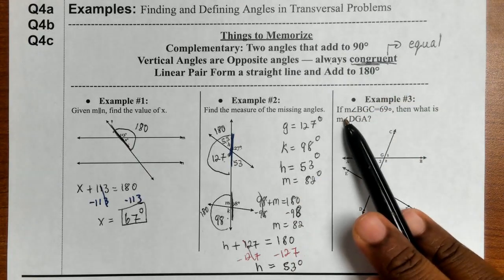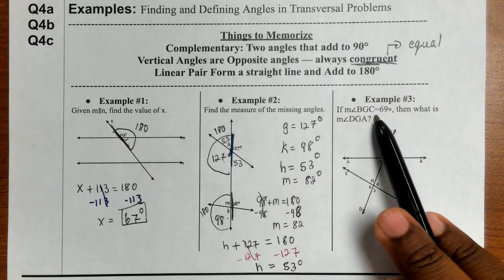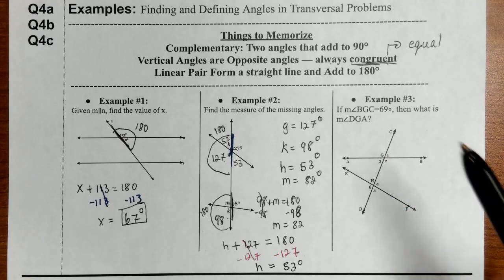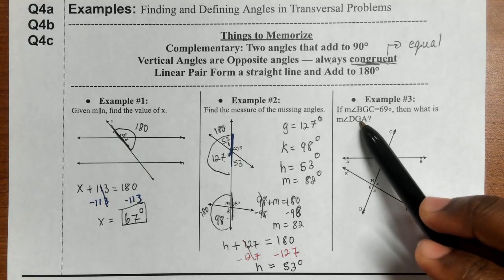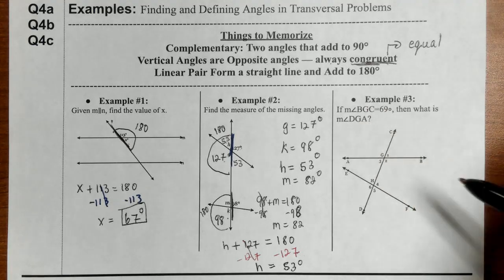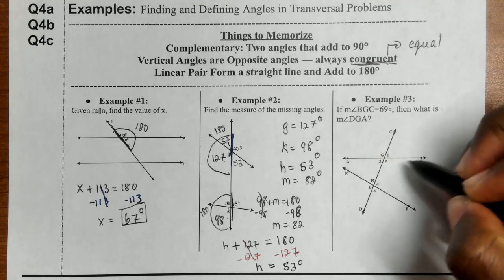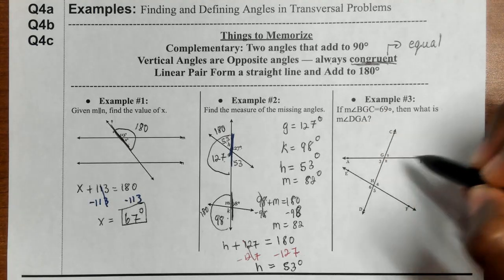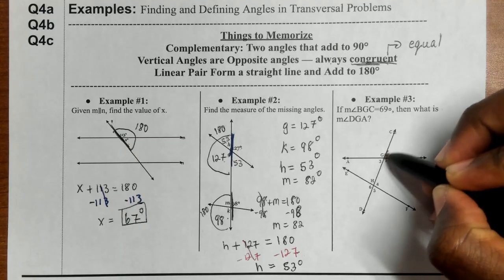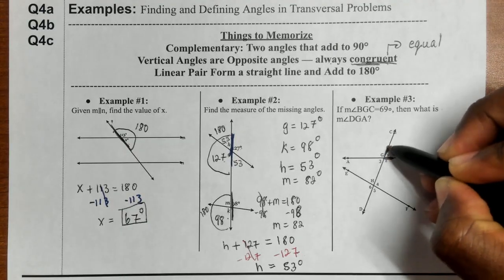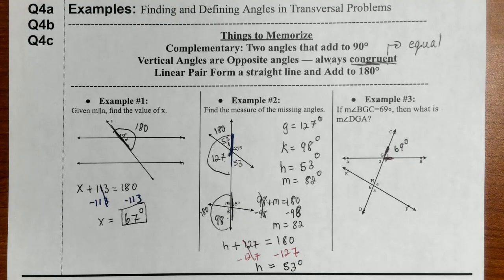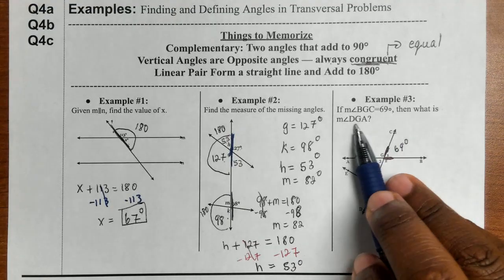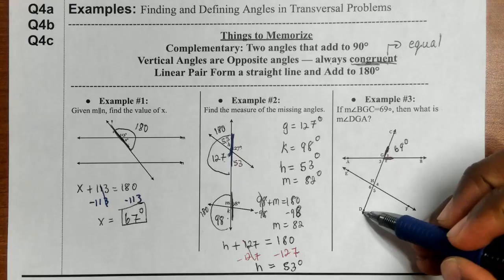It says if the measure of angle BGC is 69 degrees, then what is the measure of angle DGA? BGC is B to G to C, so that would be this angle right here. They said this angle measures 69 degrees. It wants us to find what DGA would be.